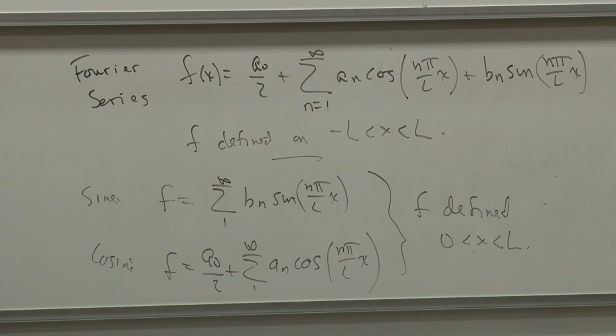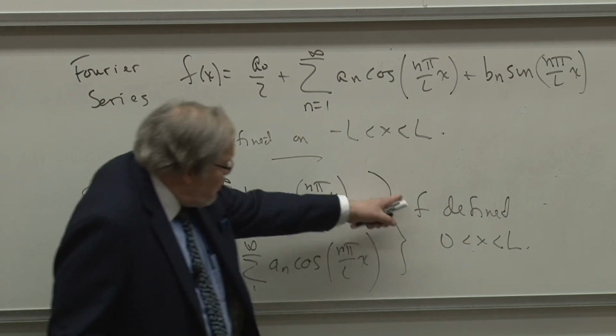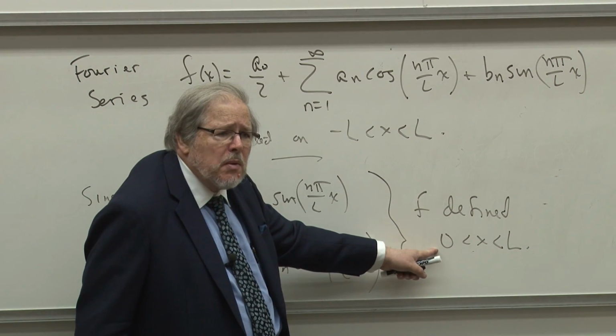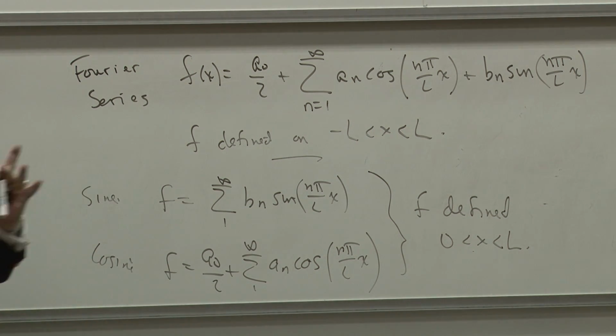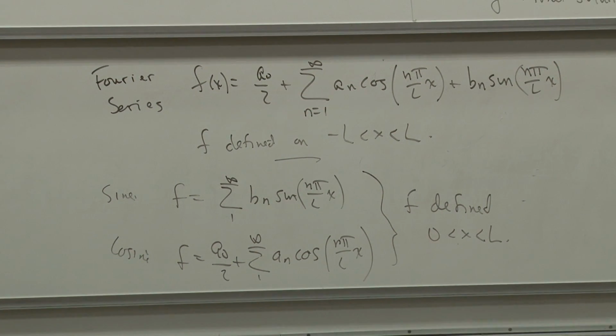Some people, including some of my colleagues, like to call these half-range series. Because we start with a function which is defined only over half of the period, so to speak, the range of the sine or the cosine functions.